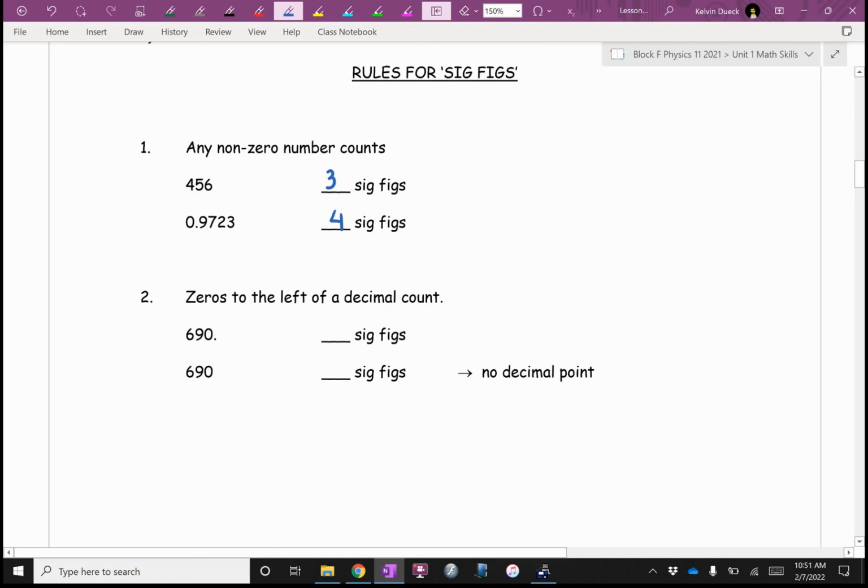Zeros to the left of a decimal point count. So how many sig figs for the top one? How many sig figs for the bottom one? 3. How many sig figs for the bottom one? 2. Turn the page.